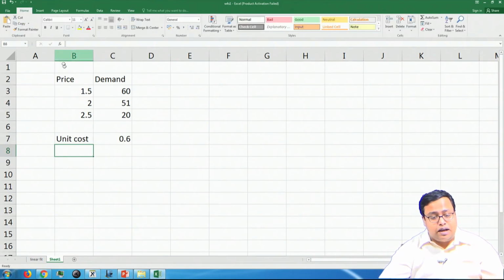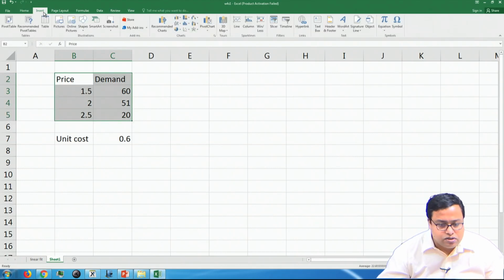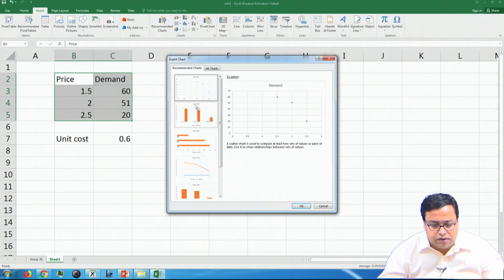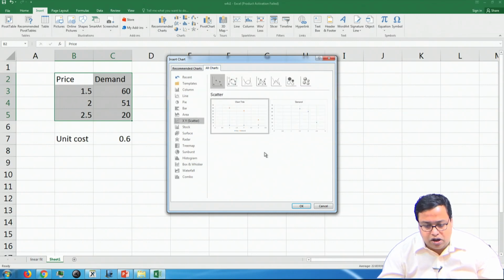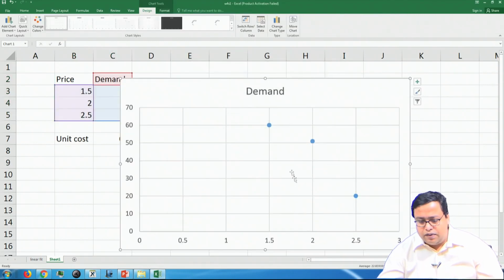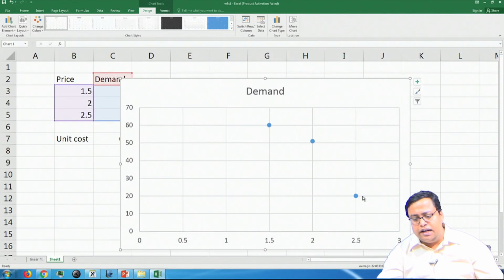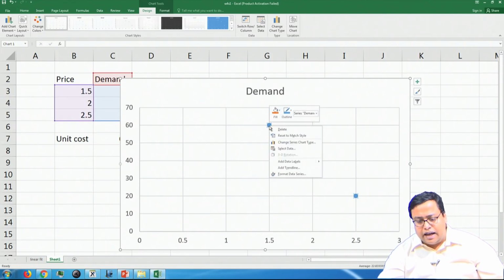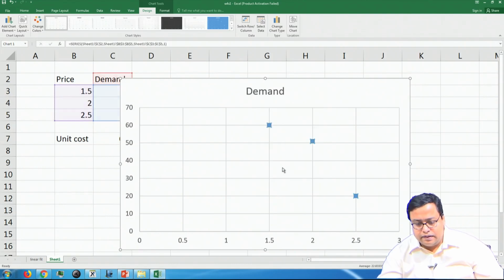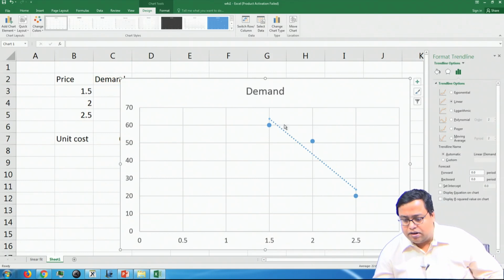Again, as usual, I have to plot it. This is not linear, you will see that this is not linear. So, I will first plot a scatter plot. Insert XY scatter plot and this curve, and you will see that it is exactly not linear. If I just add a trend line, the linear trend line will look like this.